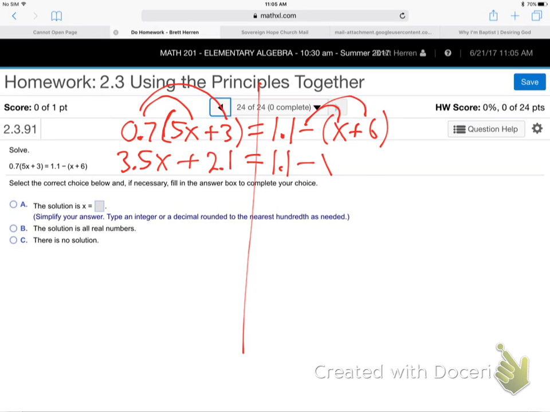It's going to become minus x minus 6, huh? Good with that? Take it from there.